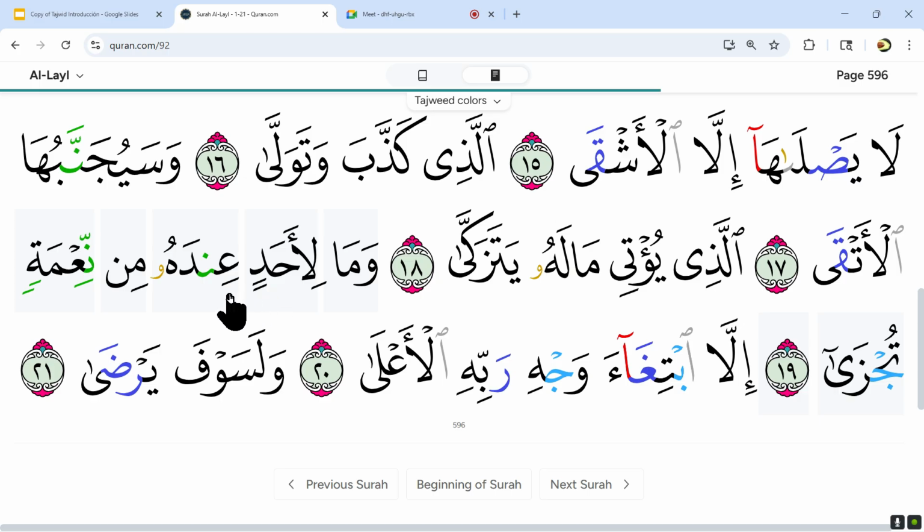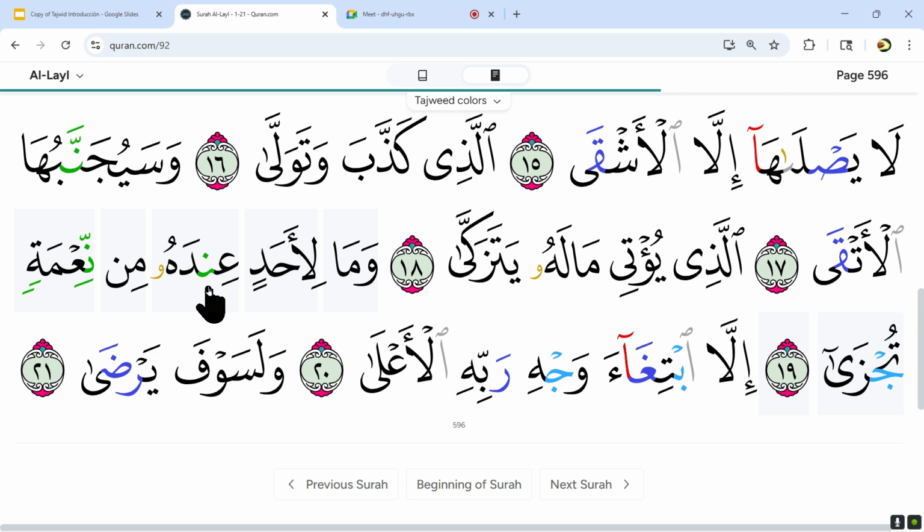And that rule is called idhar. So this one is clear. You don't have to think about it too much. You just say li ahadin, and then you prep yourself for the ain. It's easy. And then we have one more noon, which is ikhfa, because the dal is ikhfa.